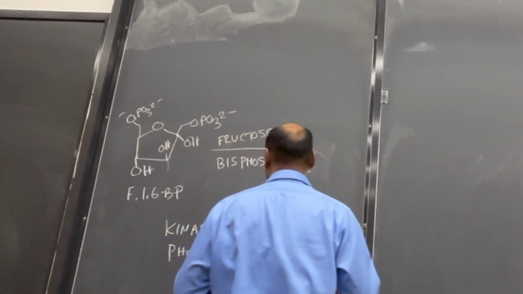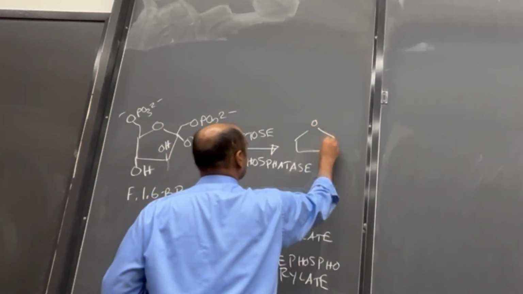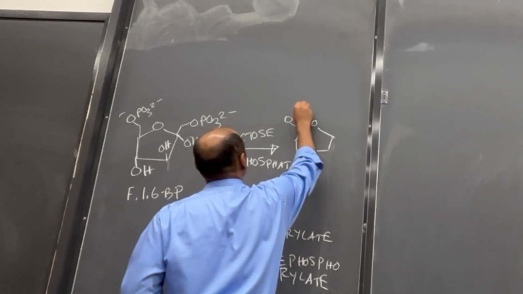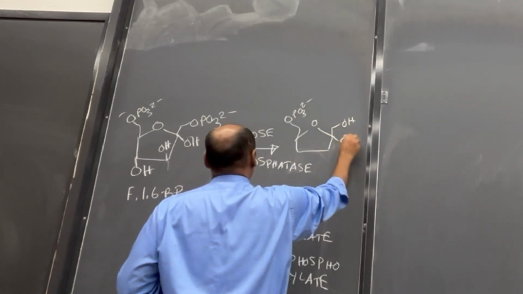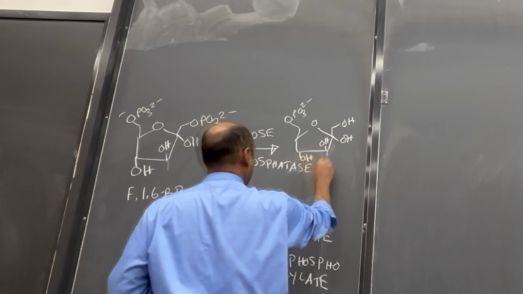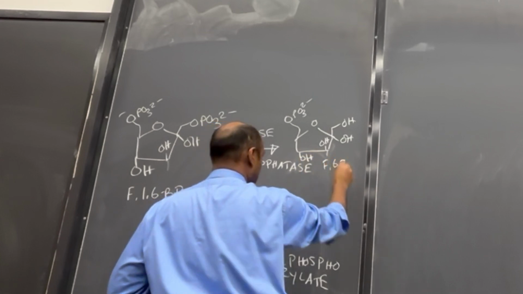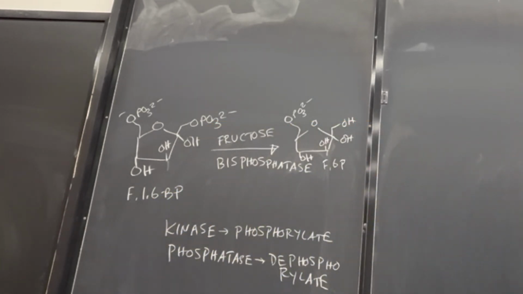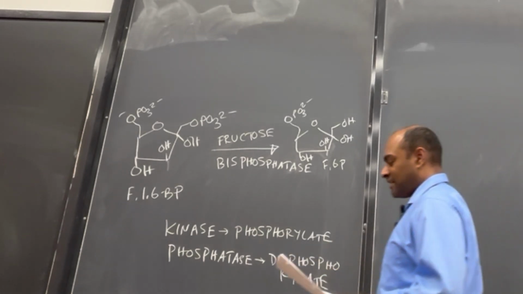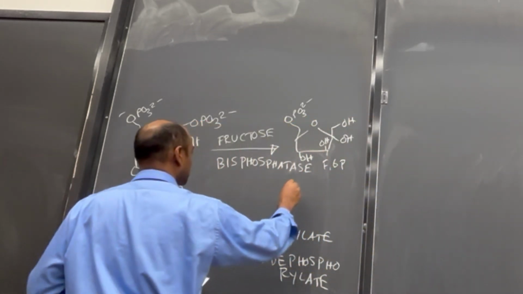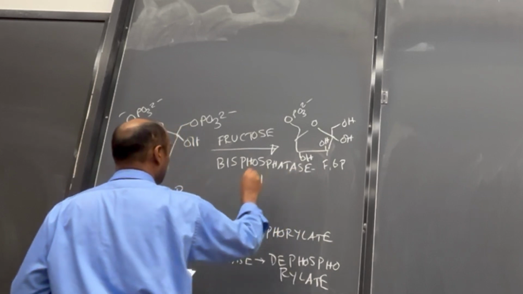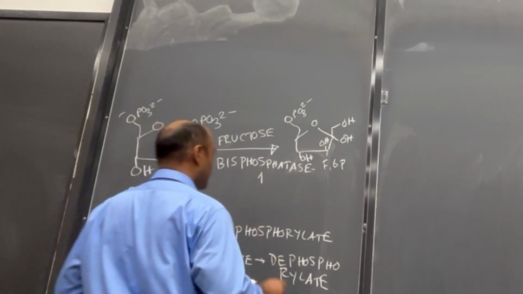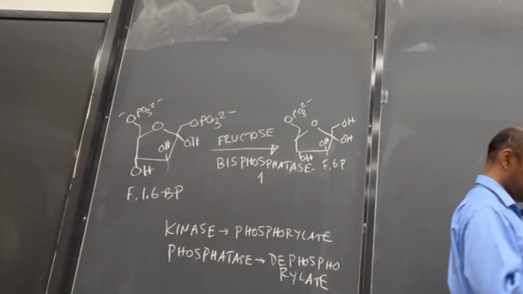So what product are we going to get from here? So we get back F6P, right? That's what we're going to get from this. And there are different isoforms of this enzyme. So this will be called fructose bisphosphatase 1, FBPase 1.